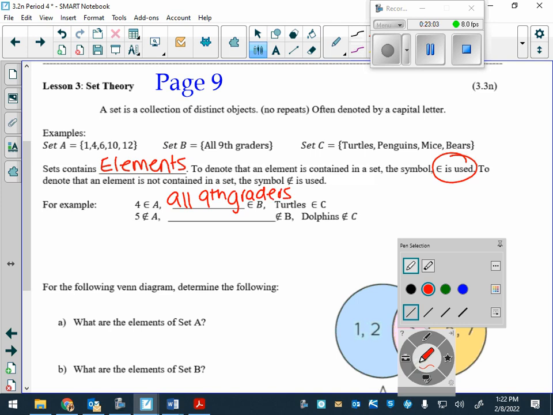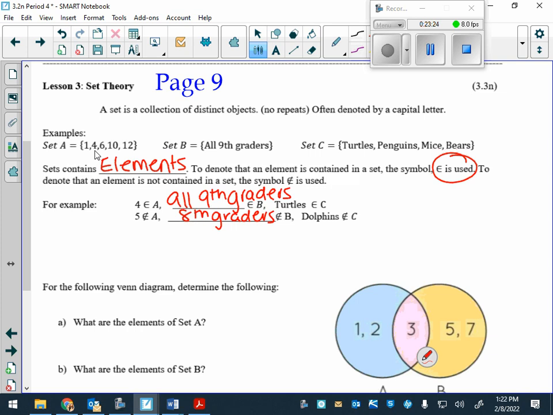What would be an example that is not in set B? Louise? 8th graders, 10th graders, whatever. Good. Okay. Turtles is in set C, but dolphins are not. So that's what the notation is for that E there.